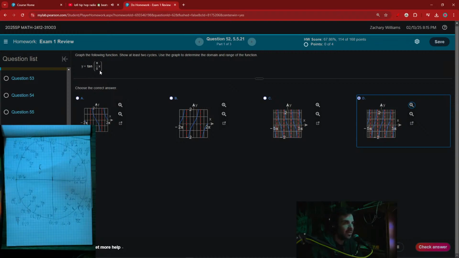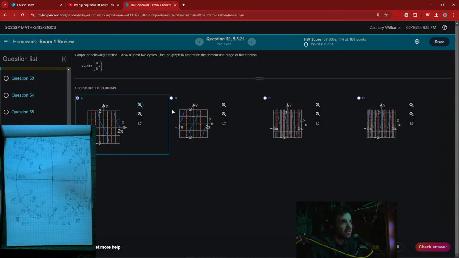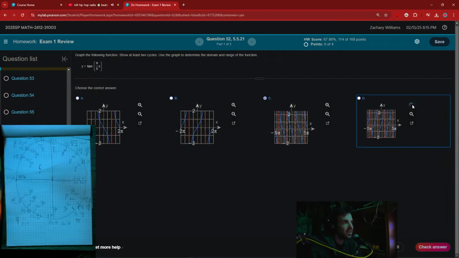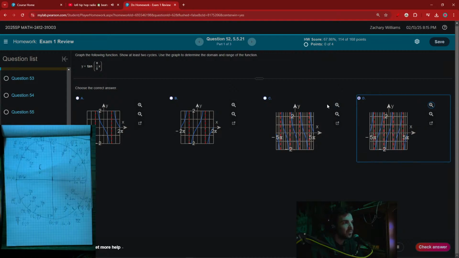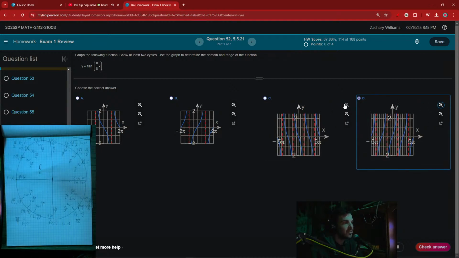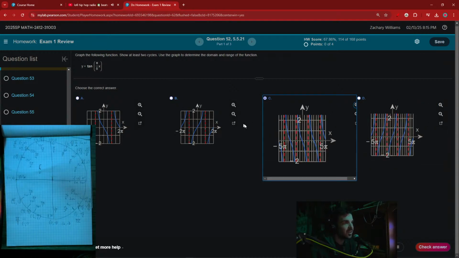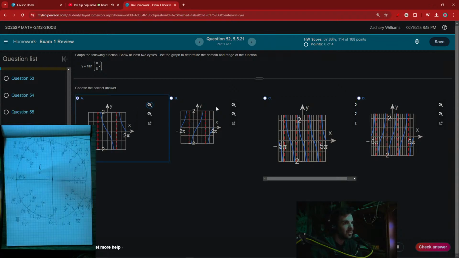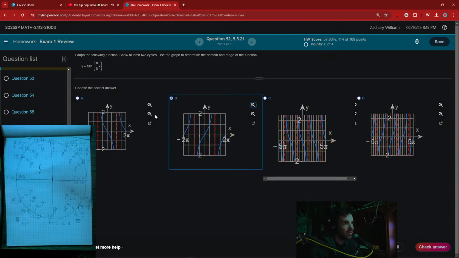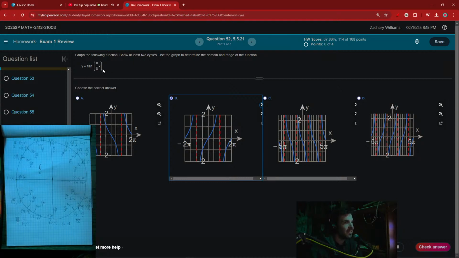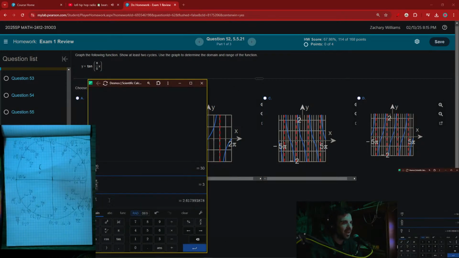Tan pi over 8 x. Okay, so this is a stretch. A stretch of... And it's getting wider. So I think it's going to be one of these two. So yeah, it looks like instead of pi over 2, so what is that? We're doing pi over 8 times pi? Or pi? Ugh.